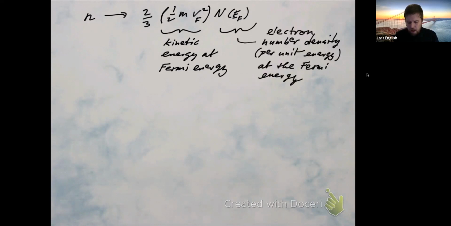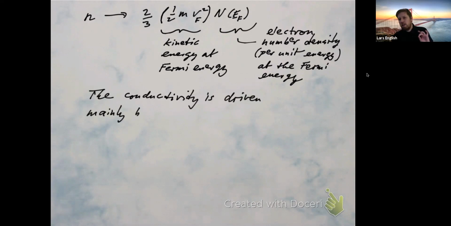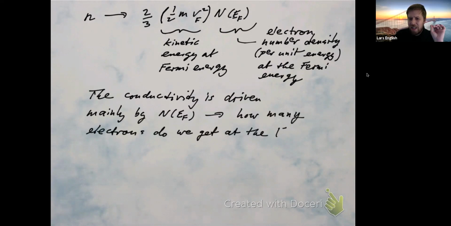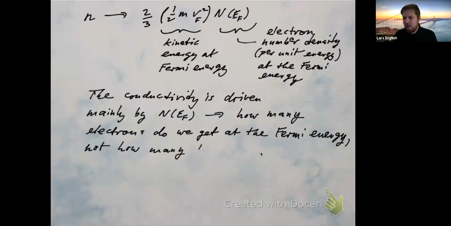So the big difference between the classical and the quantum formula is that the conductivity is now mostly dependent on the number density per unit energy, this capital N, at the Fermi energy. How many electrons, loosely speaking, do we get at the Fermi energy? Whereas the classical formula doesn't care what energy the electrons have. All of them contribute to the conductivity.